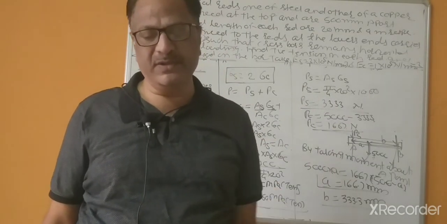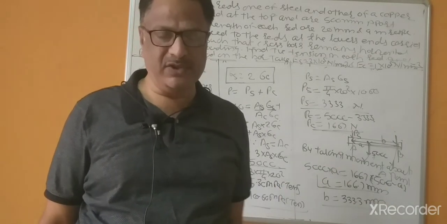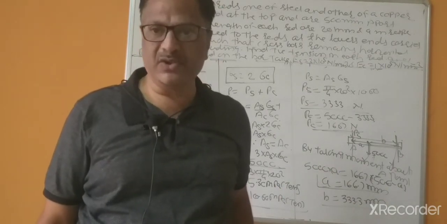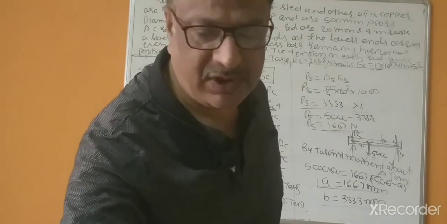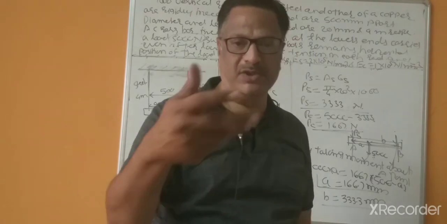Those three derivations and thermal stress we will see in the remaining classes. After that we can complete this first unit. So today I stop here, and we will continue the remaining topics in the next class.